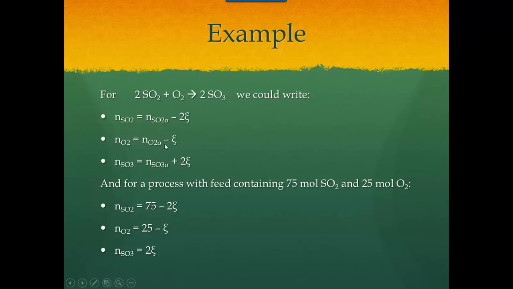For O2, minus squiggle because 1 gets consumed. And for SO3, plus 2 squiggle because 2 get produced. If I had some nitrogen in the system, then I would expect that the number of moles of nitrogen at the beginning would be the same as at the end. So it would be plus 0 squiggle.